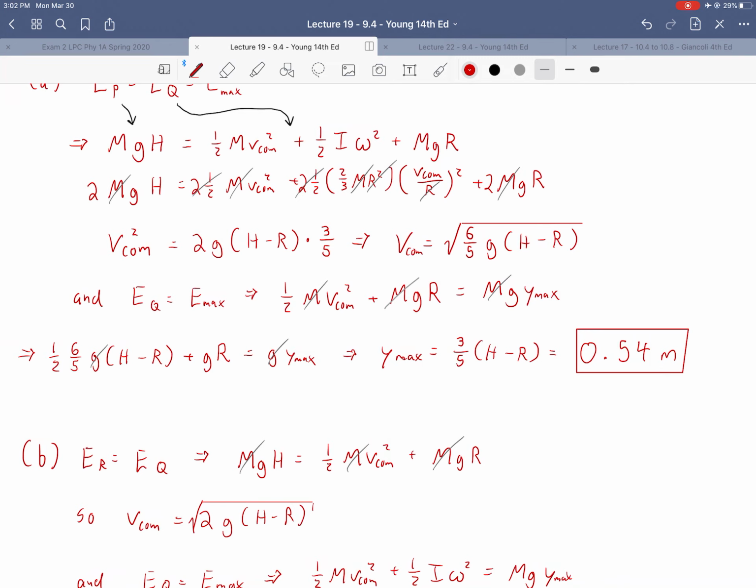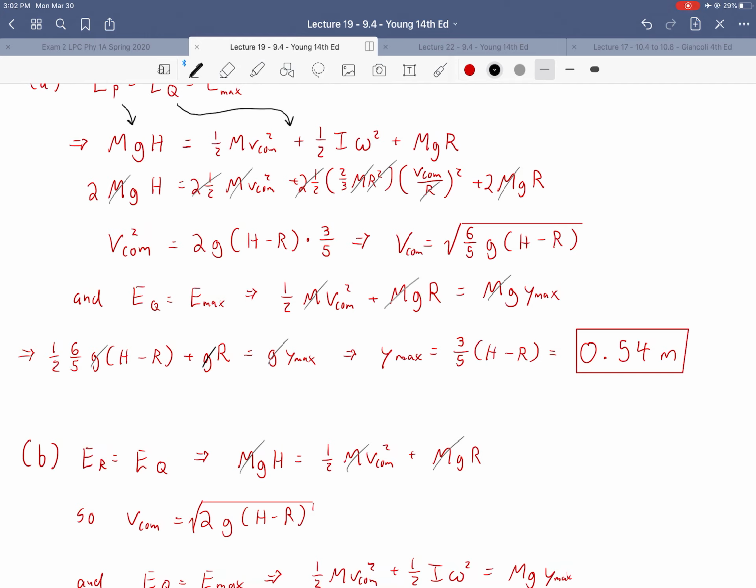So if I plug in everything, what do I get then? I'm just doing this part over here, so 1/2 times 6/5 times 1 minus 0.1, and then plus, and the G would have canceled here, plus 0.1, then I get 0.64.